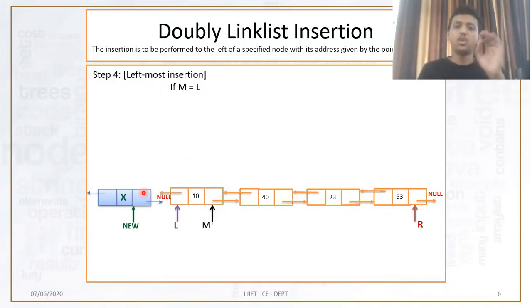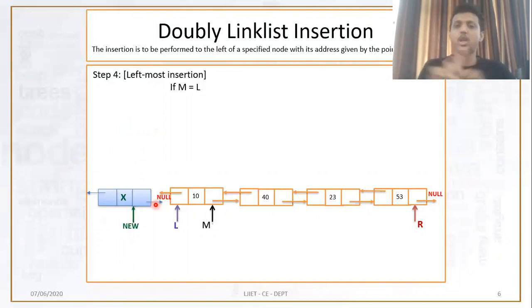What do I mean by necessary nodes? If I want to insert the new node over here, then I need to connect the new node with this and this node. Right now I need to insert the new node at the leftmost position, so I need to assign its links to the existing nodes first.